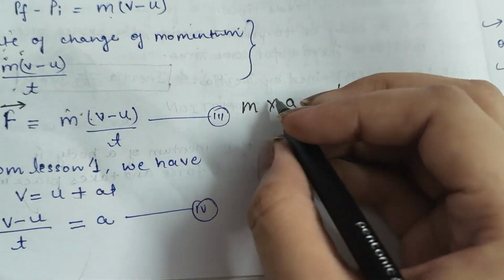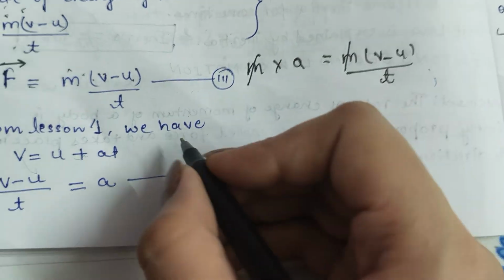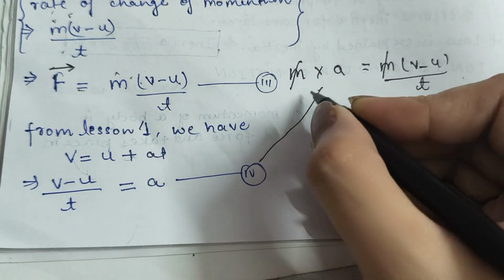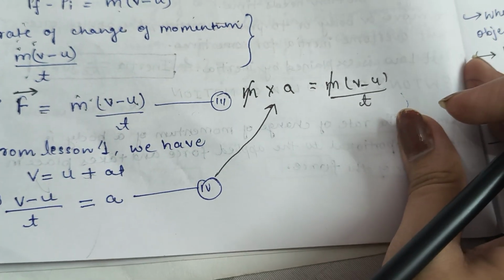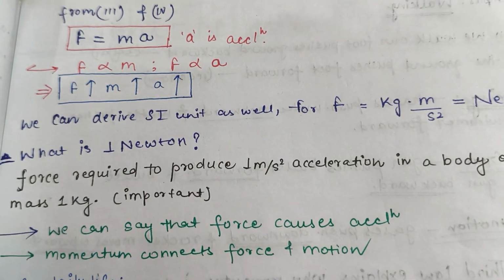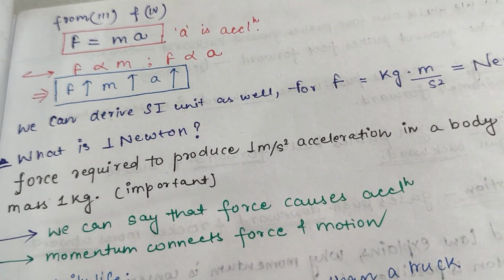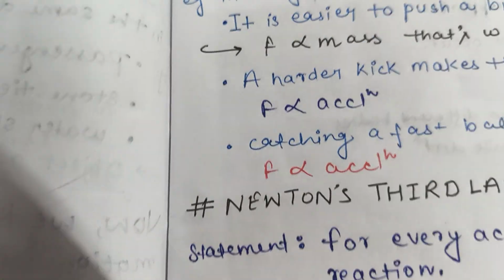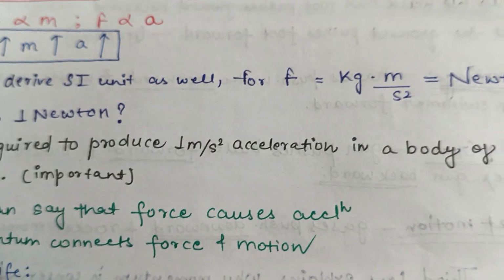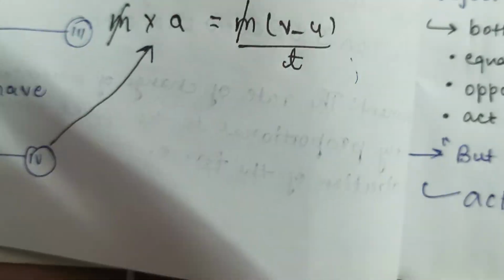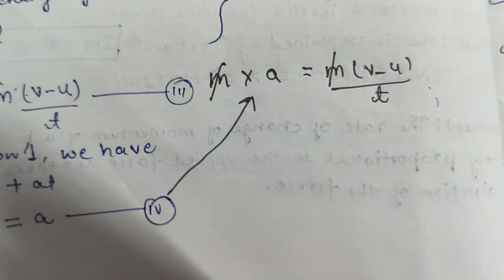I can simply cancel it, and I have got this. So from this you can also derive that force is equal to ma. I have just proved here whether these two statements are right or not.